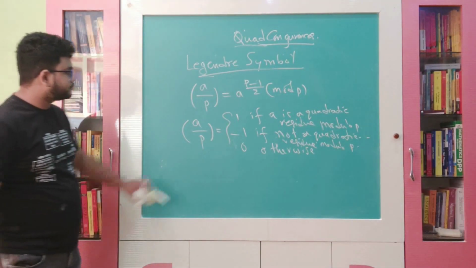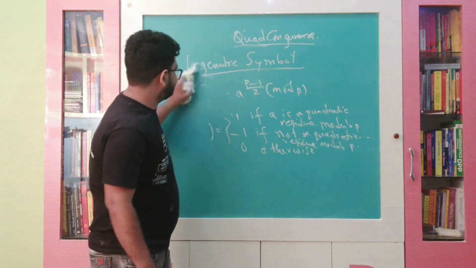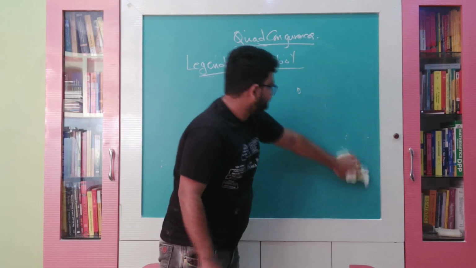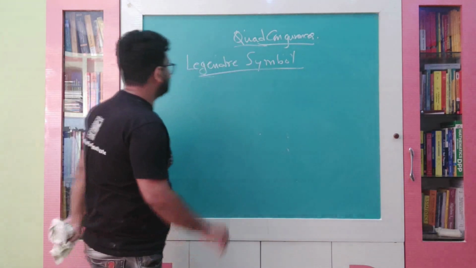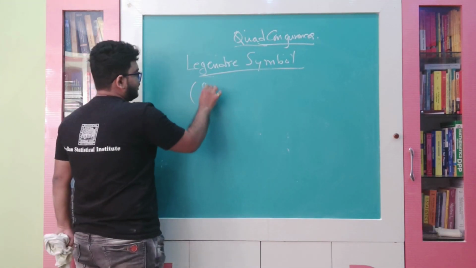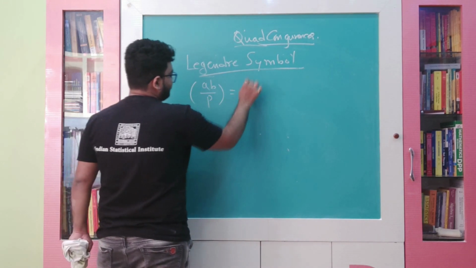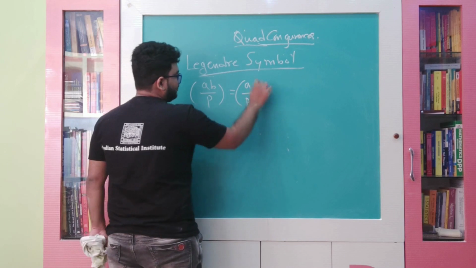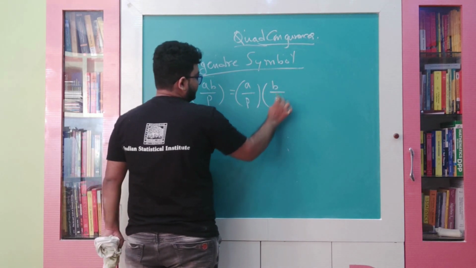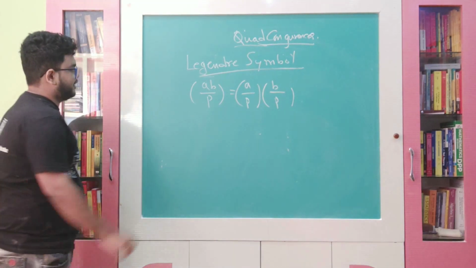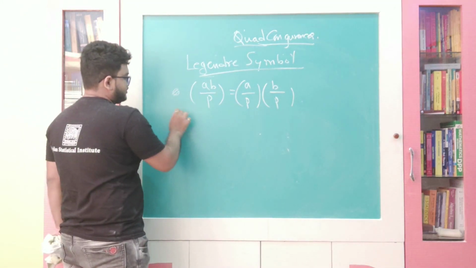Okay. So some properties of the Legendre symbol. One property: (ab/p) equals (a/p) times (b/p).